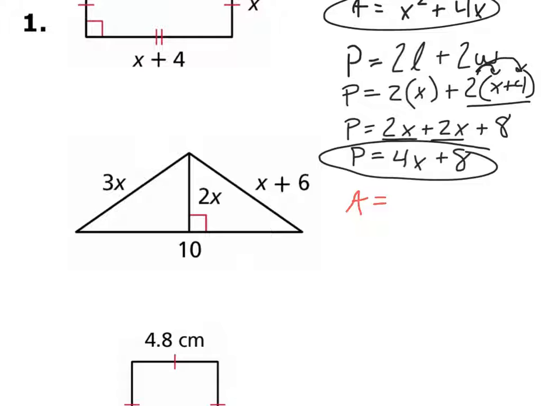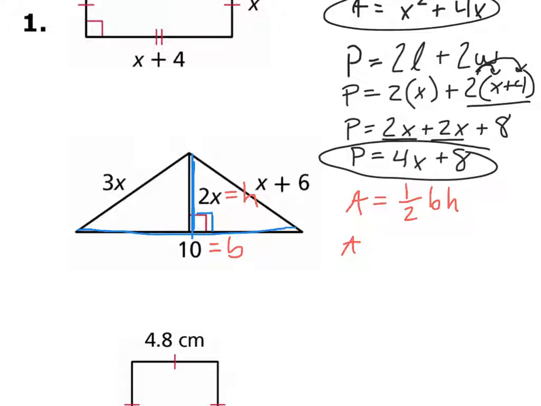So let's find the area of the triangle. What's the formula for area of a triangle? 1/2 base times height. What would be our base? 10. And what would be our height? 2x. Because remember, the base and the height are the ones that form the right angle.